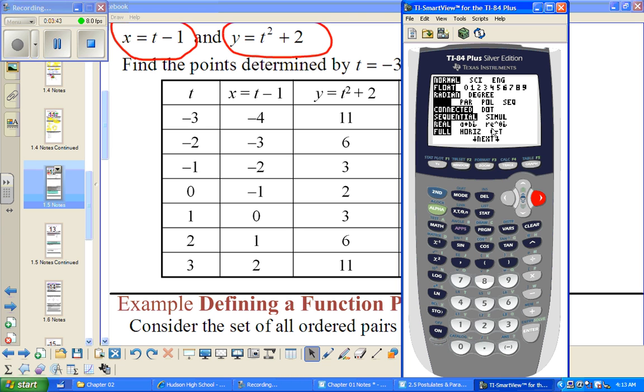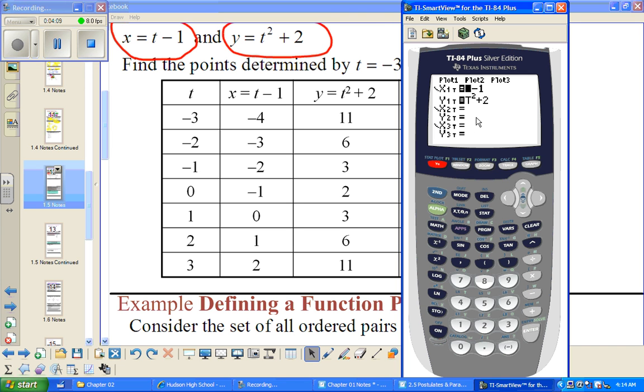If you click to the right, that PAR, you probably always thought that was like you're going golfing or mini putting or something. No, that stands for parametric function or parametric equation. Click on that, and then notice when you go to y equals, you've got an x equation and a y equation, just like we did in this problem where you plugged in points.